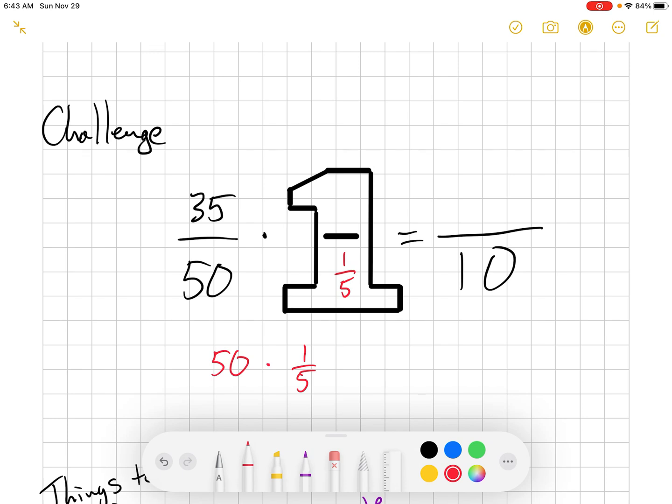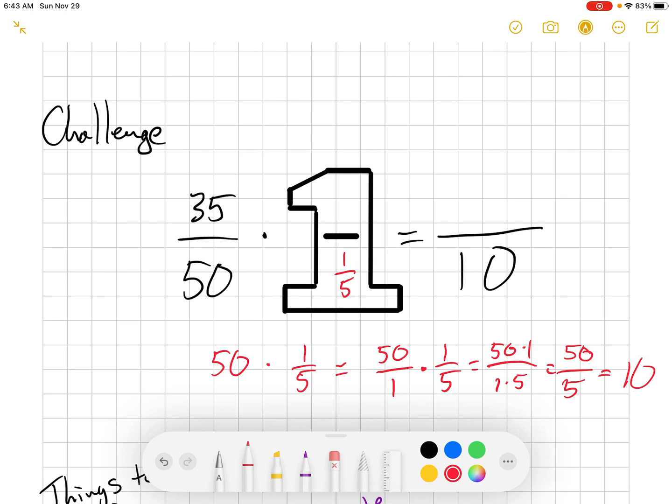But let me rewrite this as 50 over 1, an equivalent fraction, times 1 over 5. Now remember what I said before, we multiply the numerator, so this is 50 times 1 over 1 times 5. 50 times 1 is 50, and 1 times 5 is 5, and 50 divided by 5 is 10. That's our goal. See how that fraction fits in there?